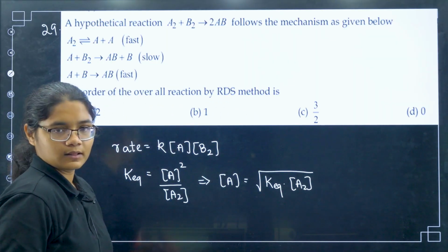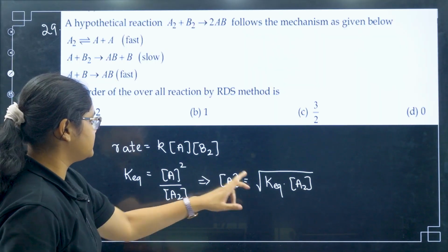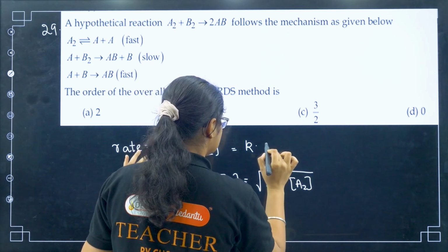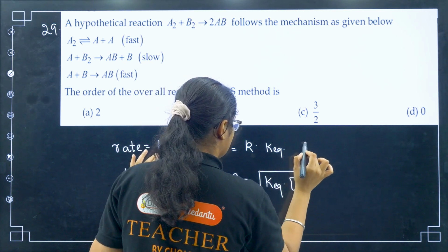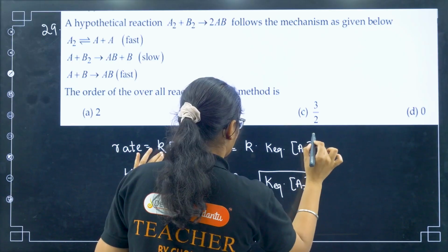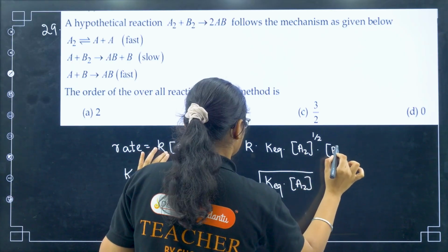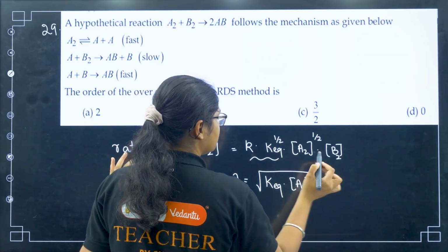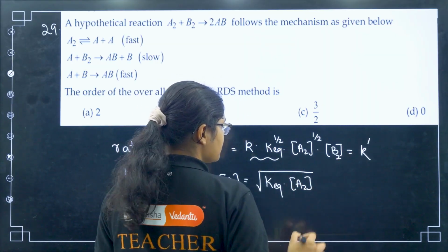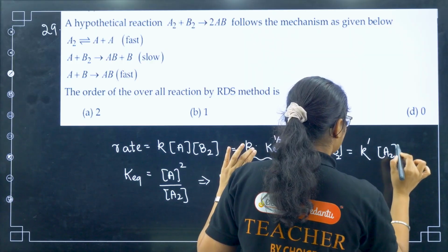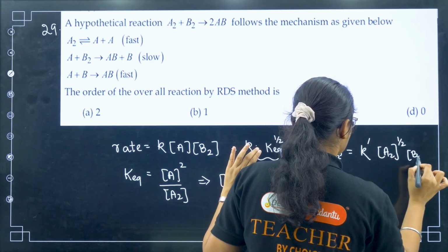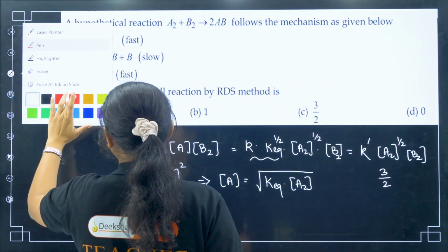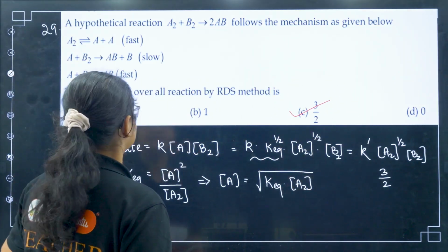Now I can substitute here, so that will become K into K equilibrium into A2 to the power 1 by 2 into B2. This together will be considered as one constant K dash, A2 to the power of 1 by 2 and B2. So it is 1 by 2 plus 1, I will get 3 by 2. So the correct answer for this question will be option number C.